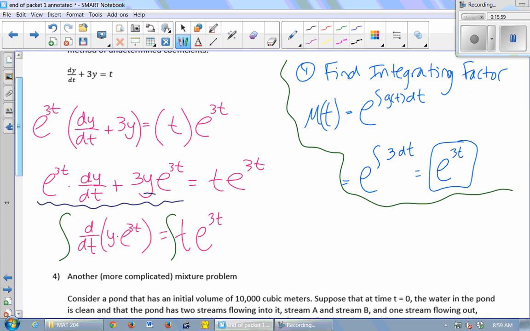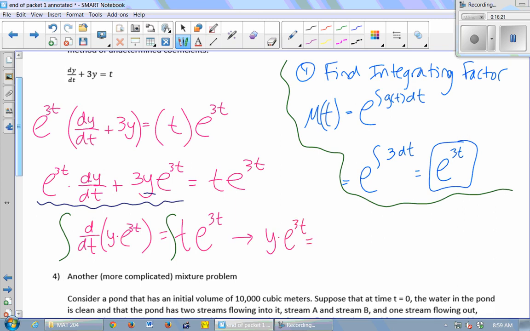Yes, with the integrating factors, you're always going to end up with something that looks like the product rule and you're going backwards. So the whole purpose there is that now it's easy to integrate, right? Because the integral of a derivative is just the thing, right? So the next step here is just y times e to the 3t.